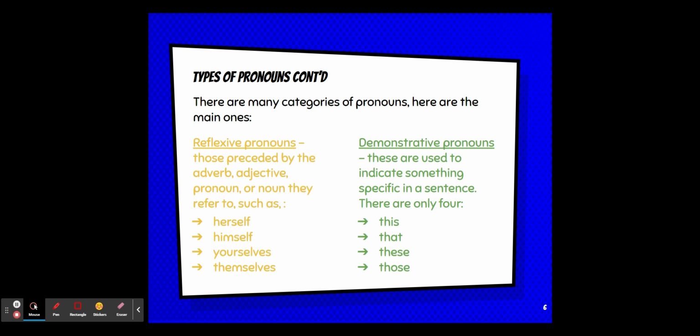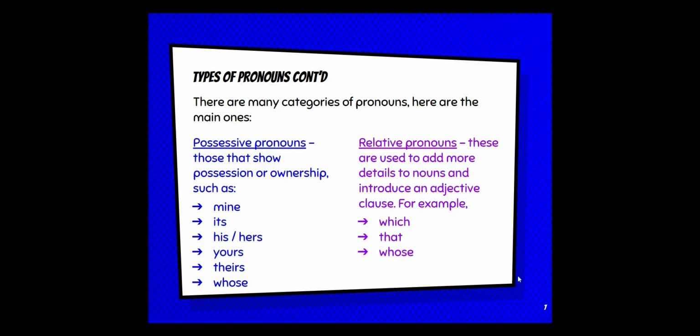In other words, they demonstrate something, such as this, that, these, and those. Next, we have possessive pronouns, those that show possession or ownership, such as mine, its, his, hers, yours, theirs, or whose.